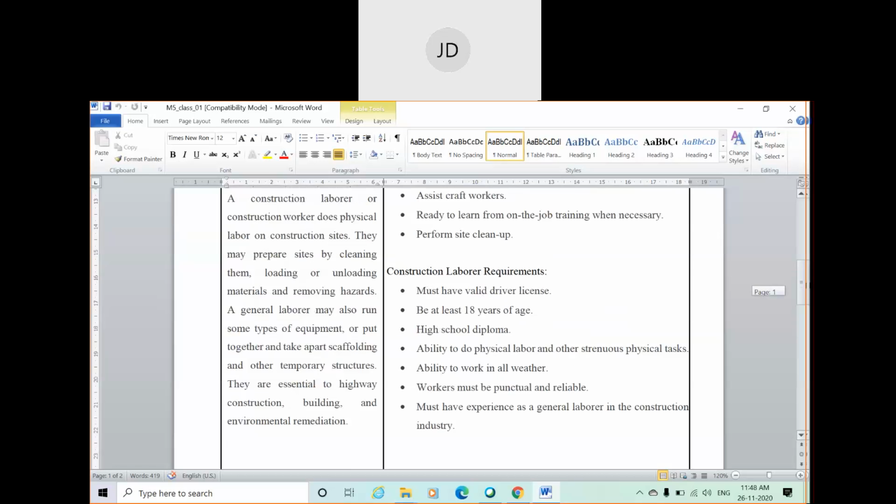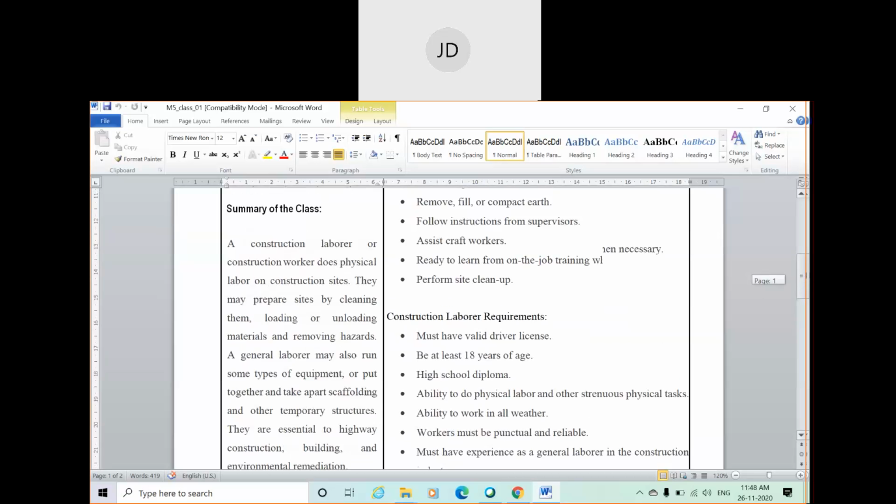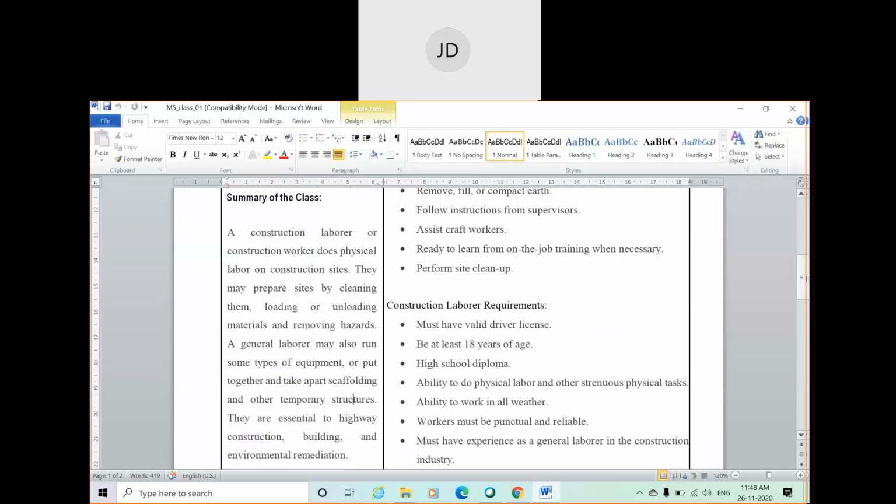So this is a general definition, or you can say the basics of construction labor. If you search in Google or any search engine, you will find different definitions from different points of view of construction labor. You can also search by that.